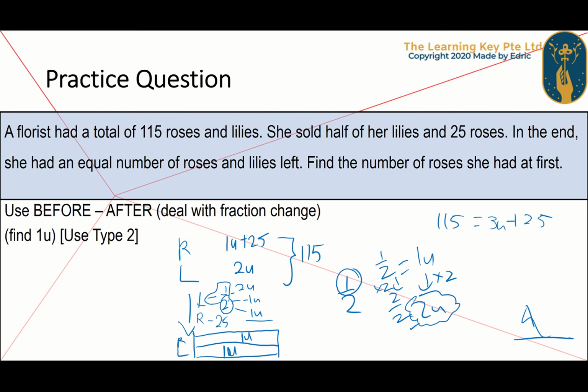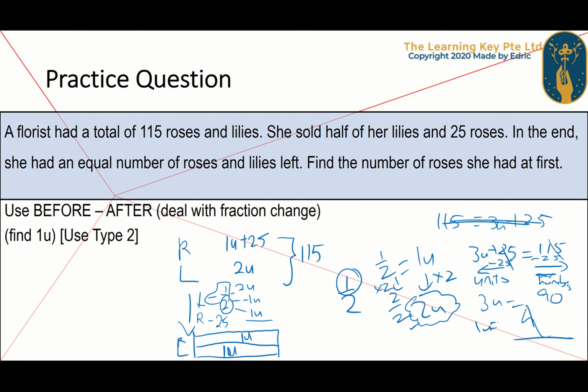Just remember, here must be units, and here must be numbers. So here you minus 25, here you minus 25. So 3 units equals 90.